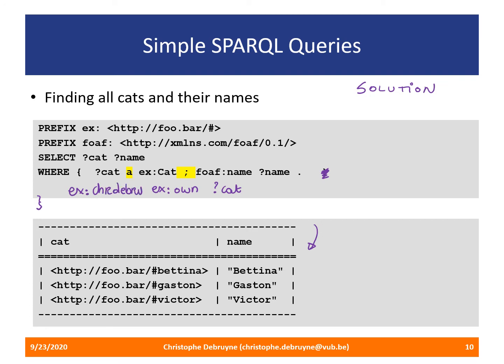And if you want to provide an absolute URI, that's also possible with the following notation: HTTP, much like in Turtle, slash Christophe.